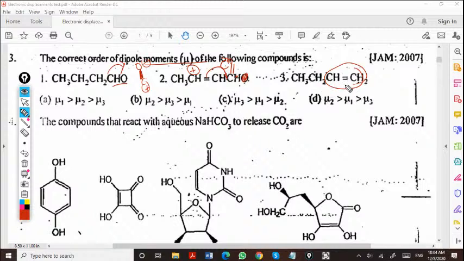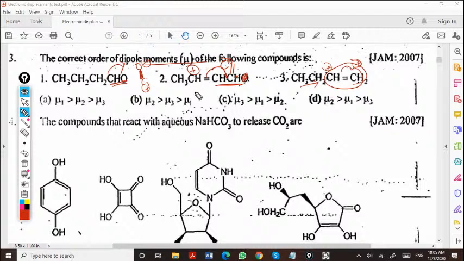Both the effects are the same, but this is a donating group which is attached, so it can become negative and this can become positive. So oxygen-attached systems will have more dipole moment, and if it is conjugated, its dipole moment is going to increase, so that the anions and cations generated will be stabilized.